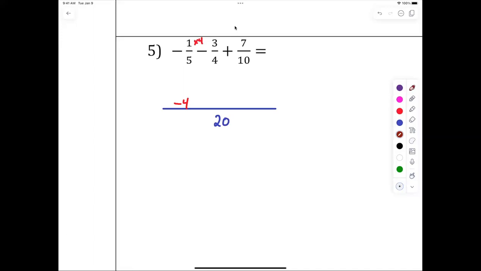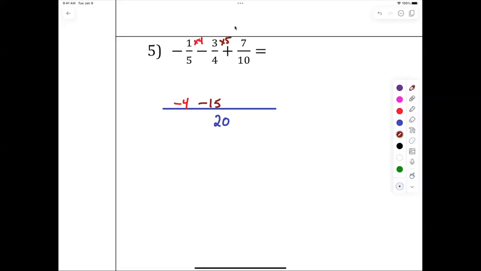Now the next fraction, what am I multiplying by to get 15? You're multiplying by 5. 3 times 5 is 15, but don't forget it's a negative. Negative 15.